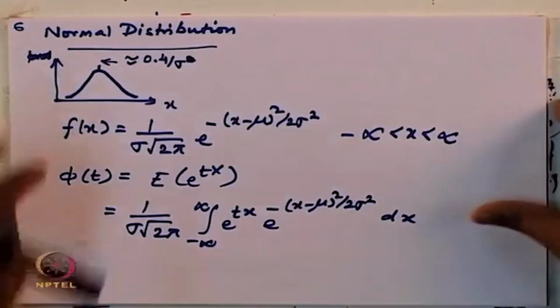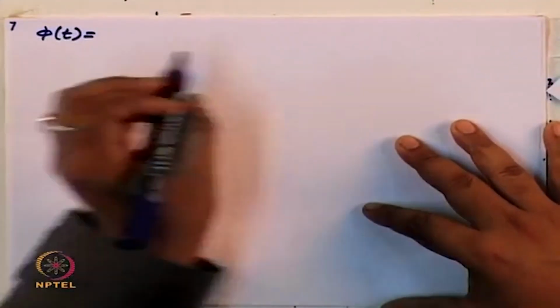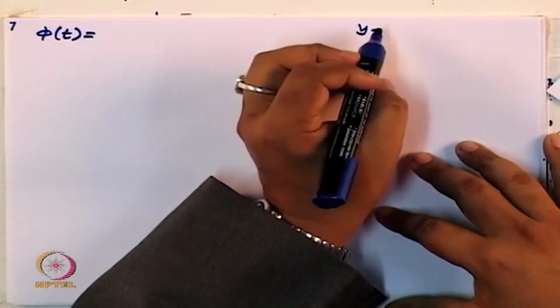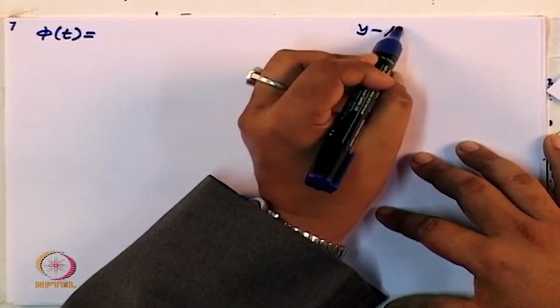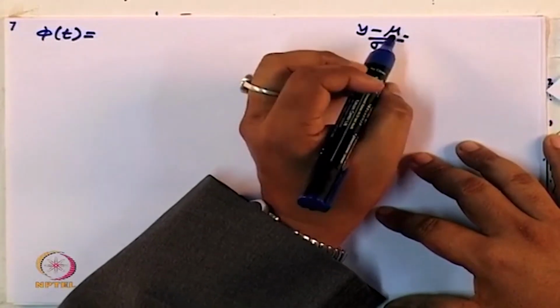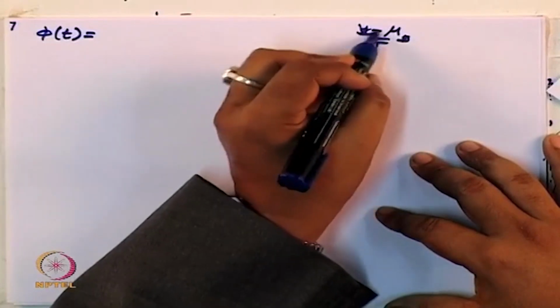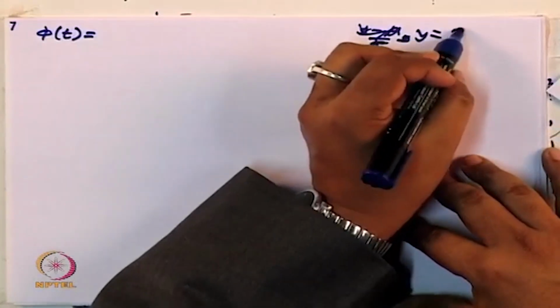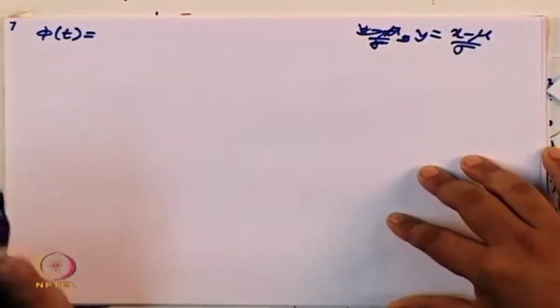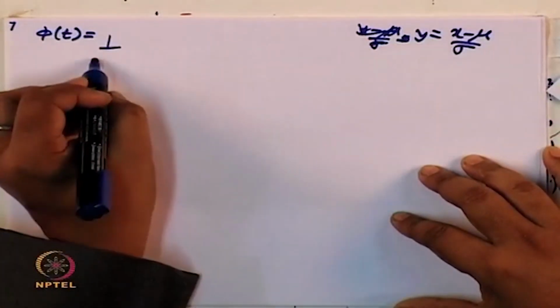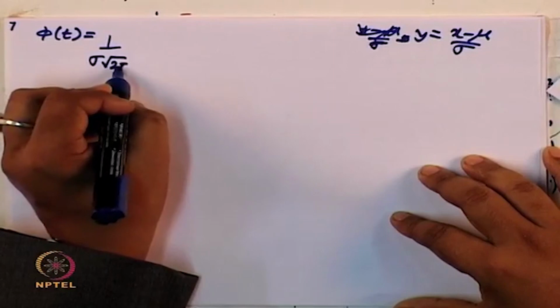Phi of t then becomes, let me define y as x minus mu by sigma. So, phi of t becomes 1 by sigma root 2 pi times the integral.